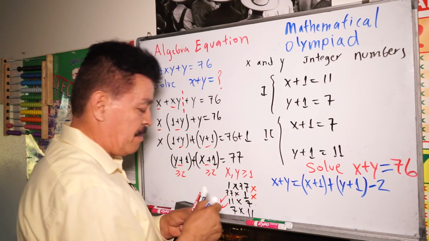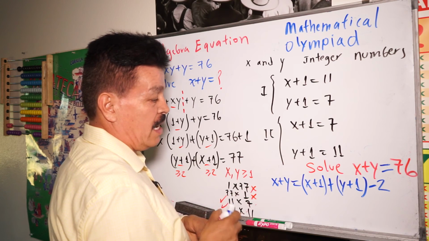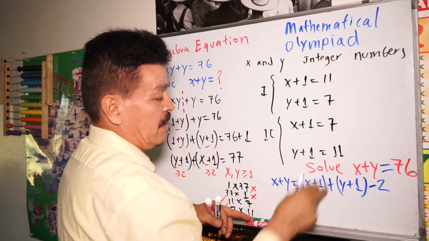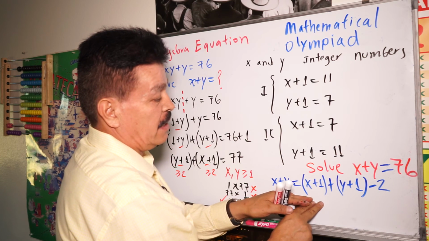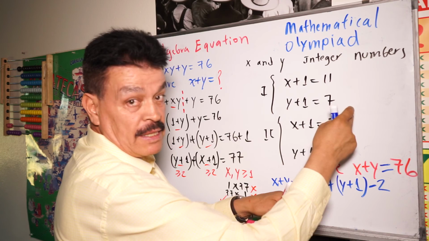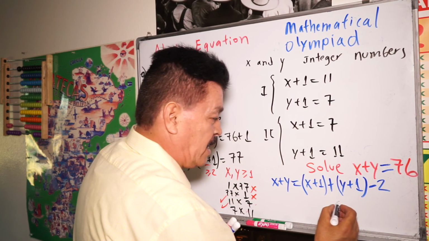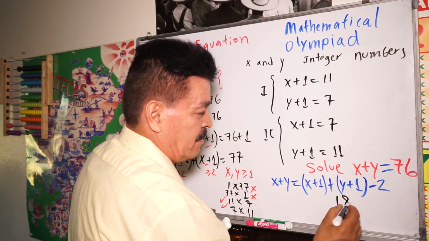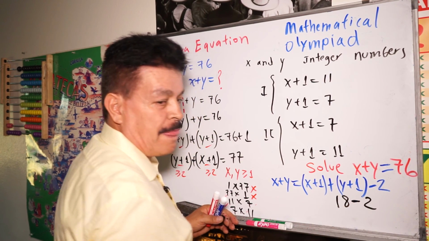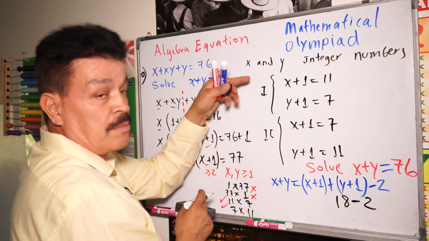Look at this, very important. You have, for instance, x plus 1 is 11 and y plus 1 is 7. How much is 11 plus 7? It's 18, right? So write 18 minus 2. And this condition must be true in both.